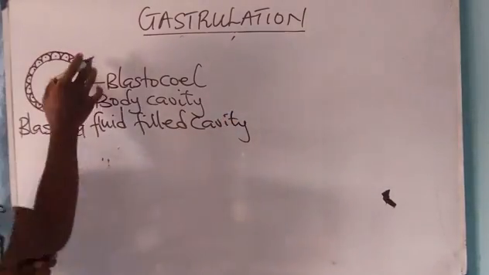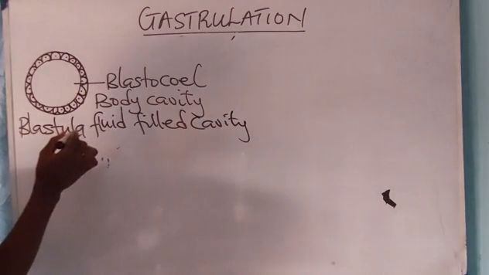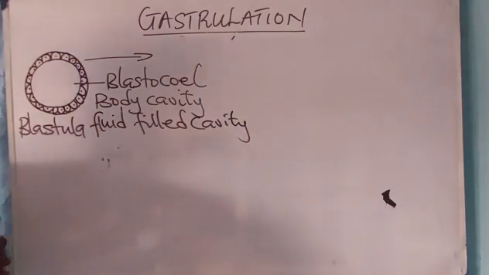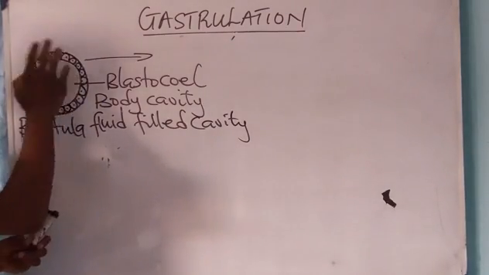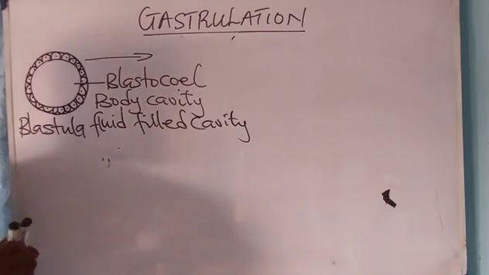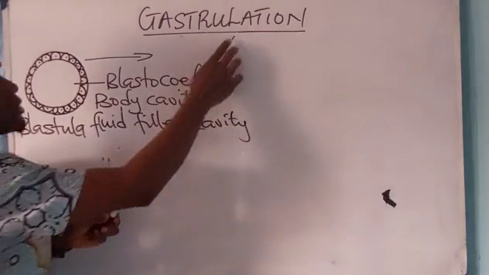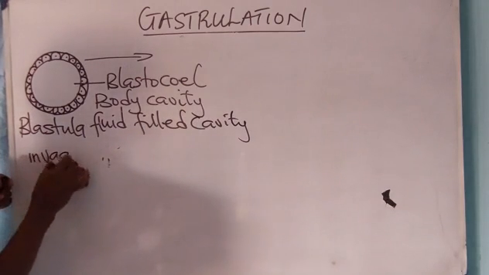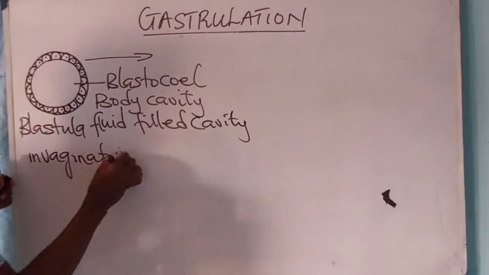Now, after this part, let me use an arrow. Nothing has happened. Then after this phase, which is a single layered embryo, what happens? There's what we call invagination. I'm going to be explaining by using all these terms.